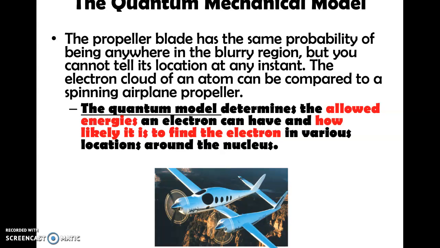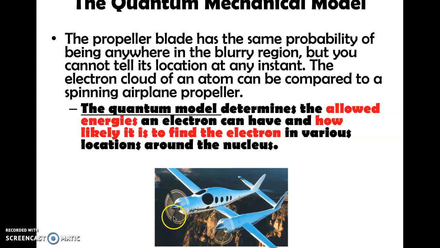So the quantum model determines the allowed energies an electron can have and how likely it is to find the electron in various locations around the nucleus. Again, it's going to move as soon as we say it's in any direct place. So if we say it's right here, it's going to already move and be past that. If it was right here on the plane's propeller, by the time it took to point to it, it's already moved over here somewhere.